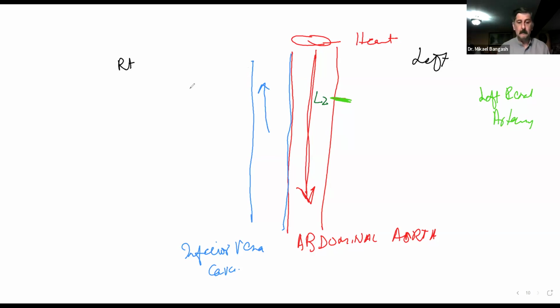Bringing blood back to the heart from where? Mainly from your legs, your feet and your toes, but also from the abdominal and pelvic organs. But that's going to be on the right side of your aorta.